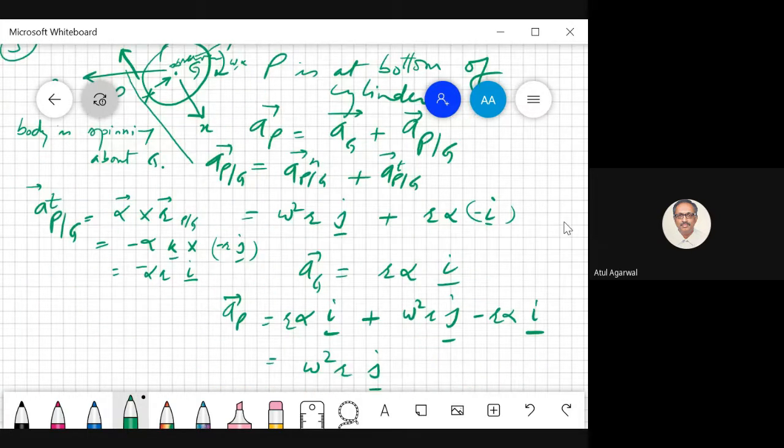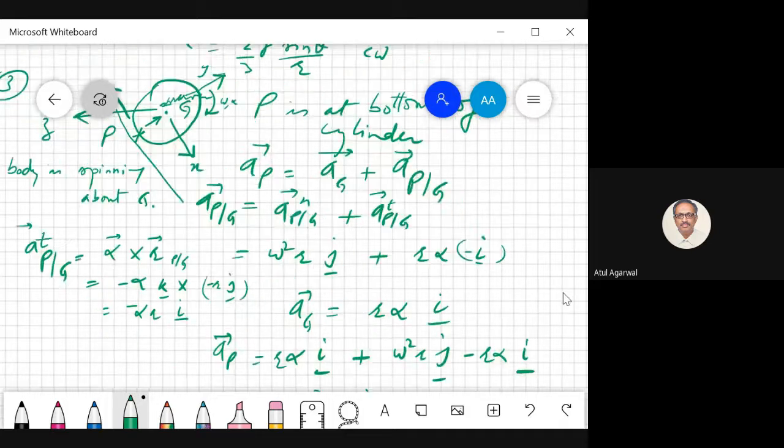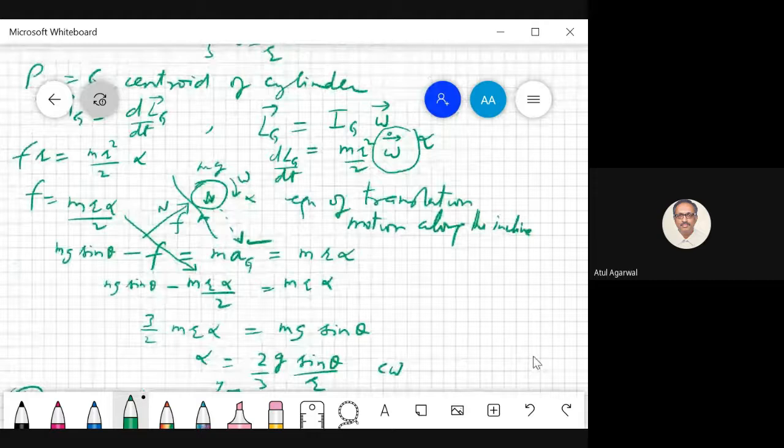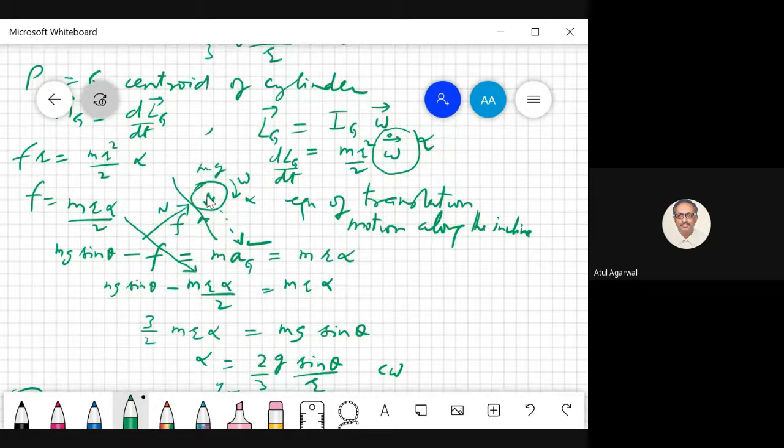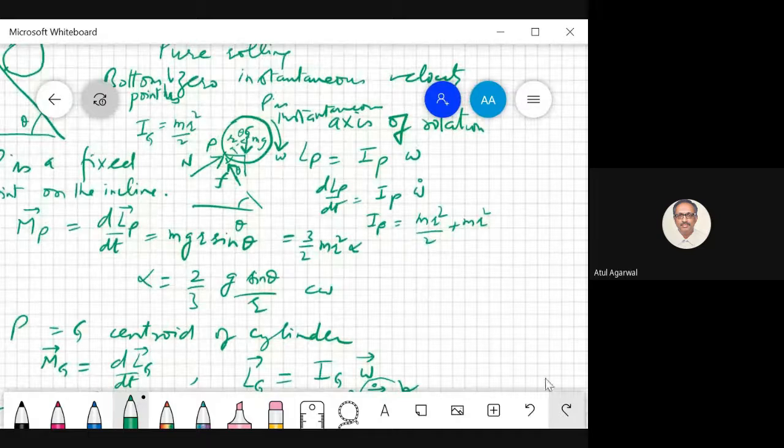So now I'll have to use my equation, which is dLP by dt is equal to the moment of the forces about point P minus whatever is the acceleration AP, then I have to do R cross, where this R is from P to G. We are assuming the inertial force acts at point G, and we have to find the moment of the forces about point P.